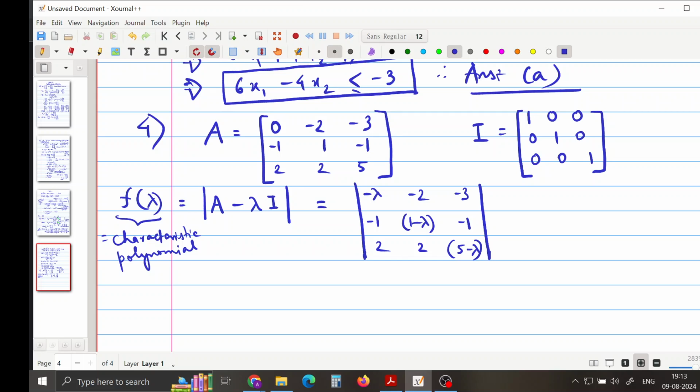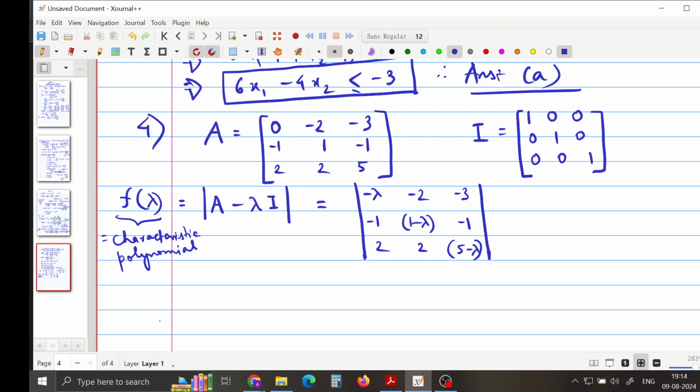Let's say you are expanding along the first row of a 3 cross 3 determinant, and two of the three entries are 0, then it simplifies your task in computing the determinant. So let's try to make this process simpler by performing some operations on this matrix that introduce some zeros and help us compute the determinant faster.